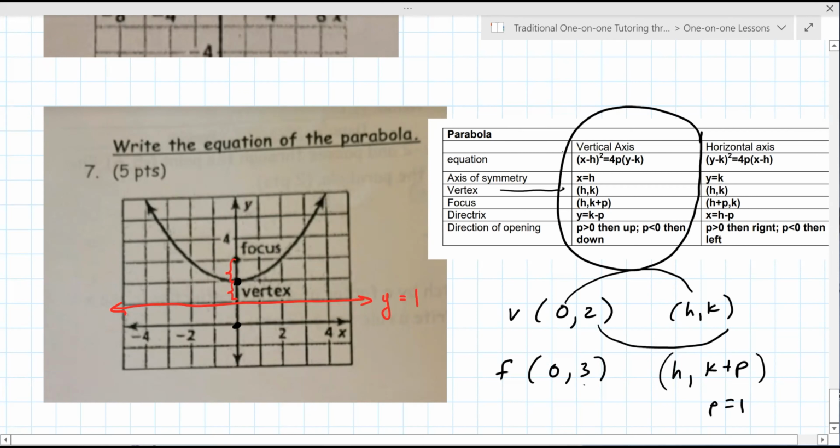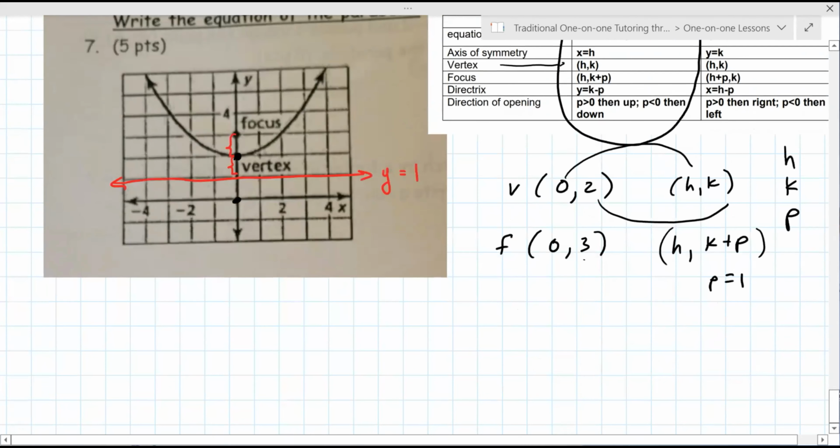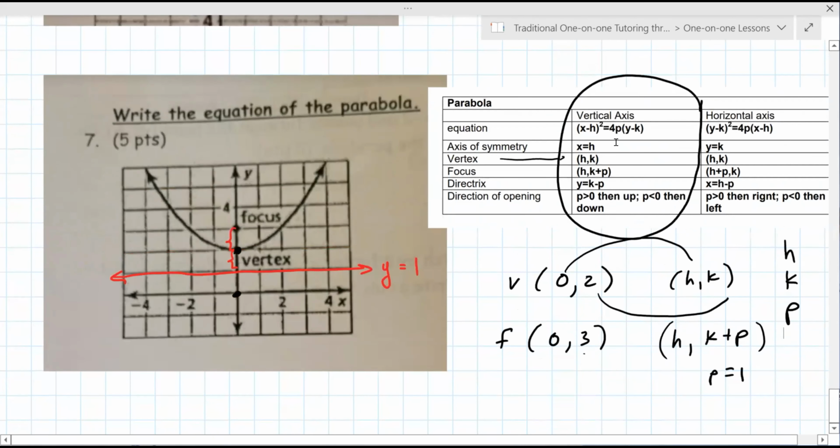So the whole game in these conic sections, which usually you see in pre-calculus, I'm not even sure if you're there yet, is you have to find 3 variables, h, k, and p. You've found them all. Then you write the equation for the vertical axis, which is given here, x minus h squared equals 4p times y minus k. And then you substitute in the variables that you found.